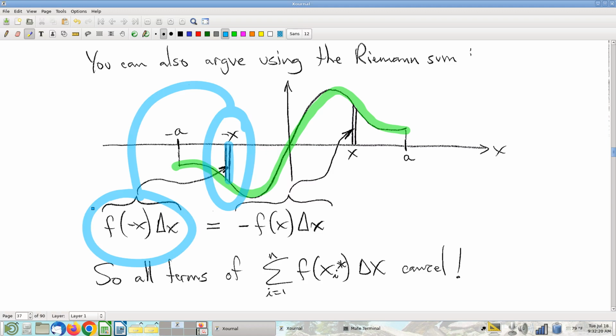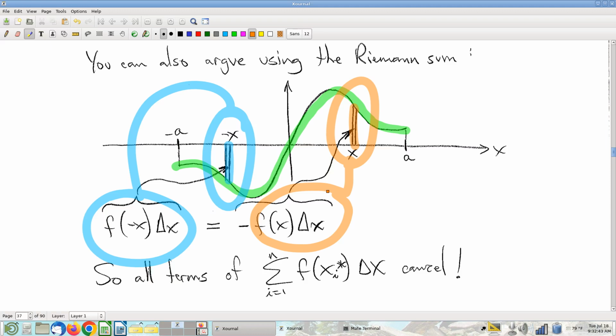And then I want to look at this term over here, where x is the x coordinate that we're looking at, right? Okay, well, here's the deal. The value of the function on the left and the value of the function on the right, by design, are exact negatives of each other.